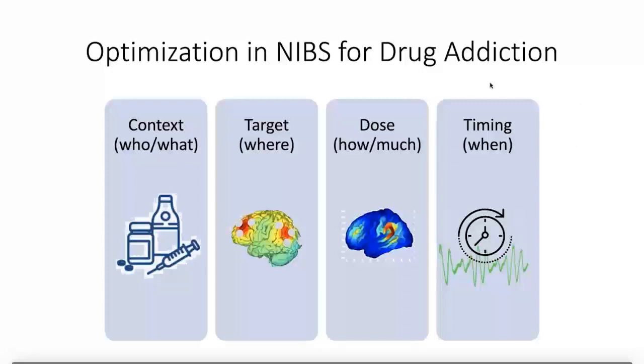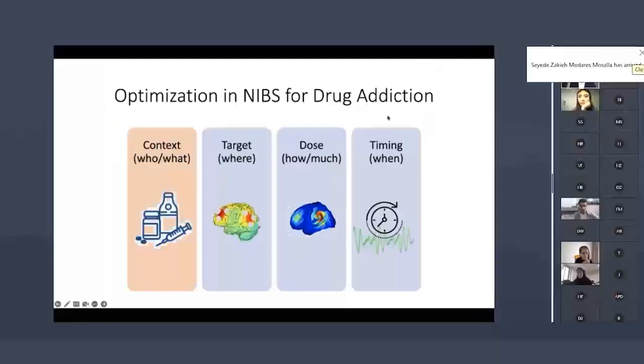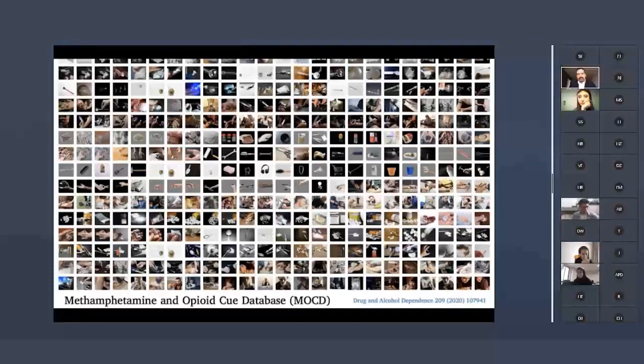Okay, good. So talking about these dimensions, we have the contextual dimensions of optimization, and one of the contextual issues is how we can provide people with a context that is related to their substance of use. We know that drug use could be one of the potential sources for optimization at the contextual level.